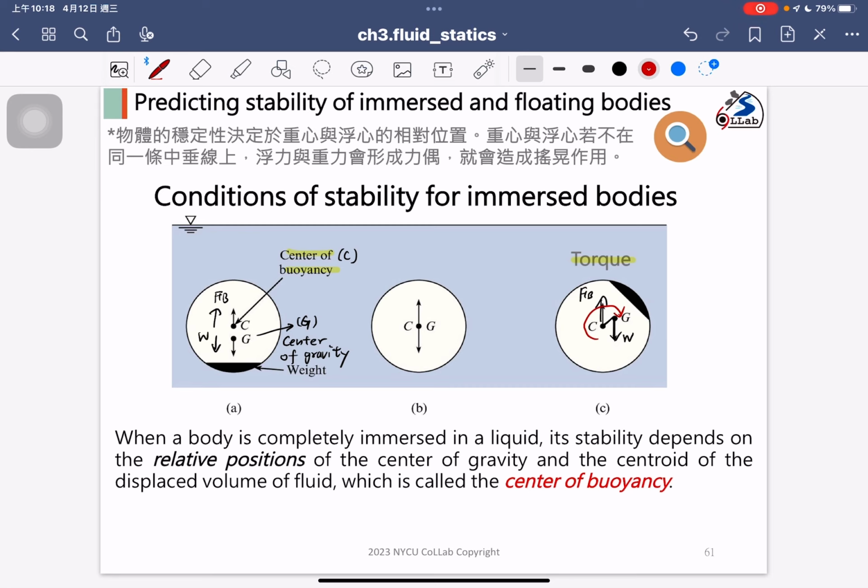What does that mean? You see the initial position is here.